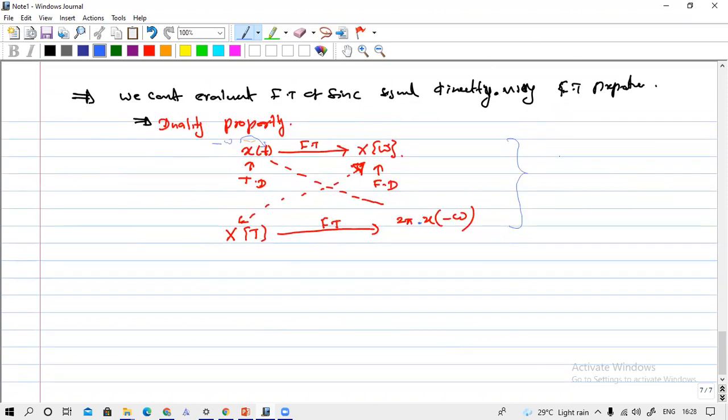You may find that I have uploaded some lessons to prove this duality property, and I have also solved some problems using it.